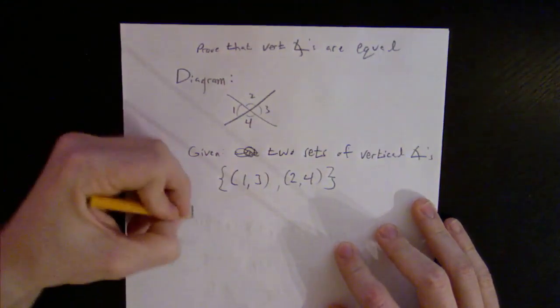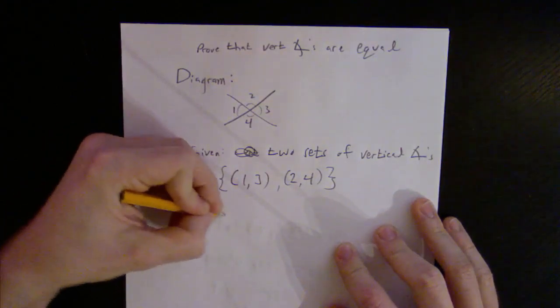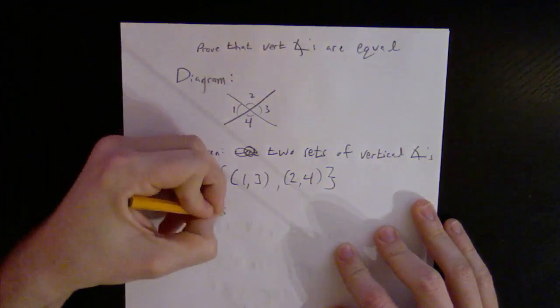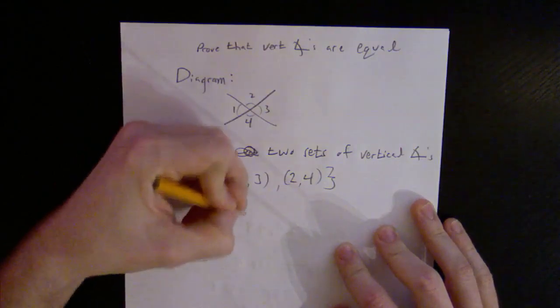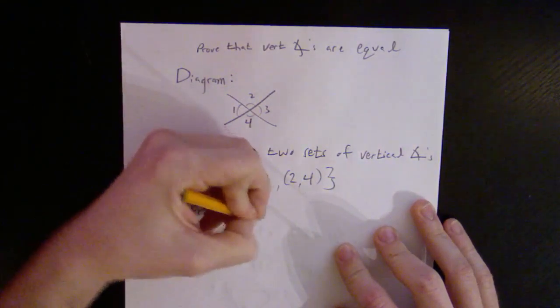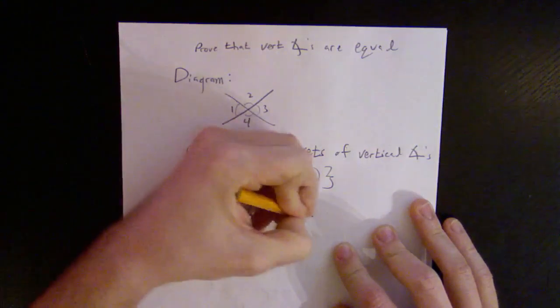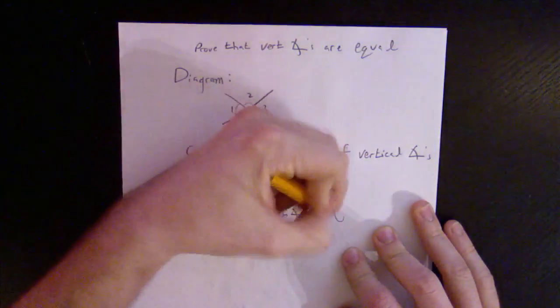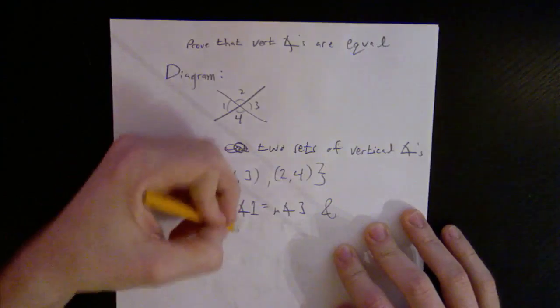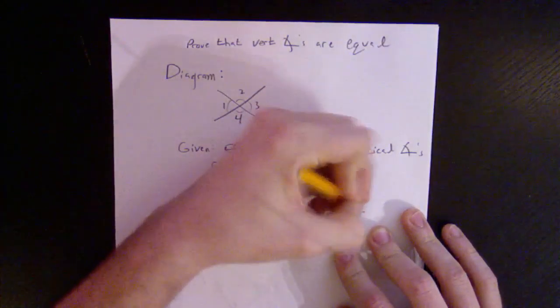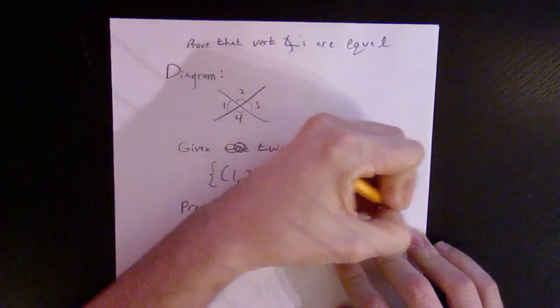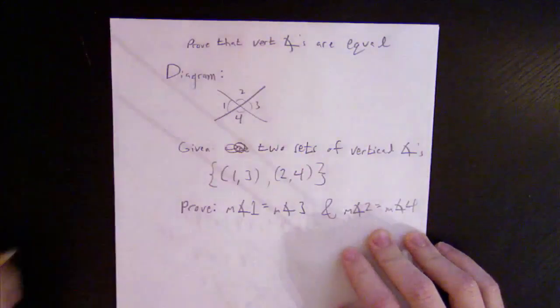And what I want to prove, what I want to conclude, is that the measure of angle 1 is equal to the measure of angle 3, and that the measure of angle 2 is equal to the measure of angle 4.